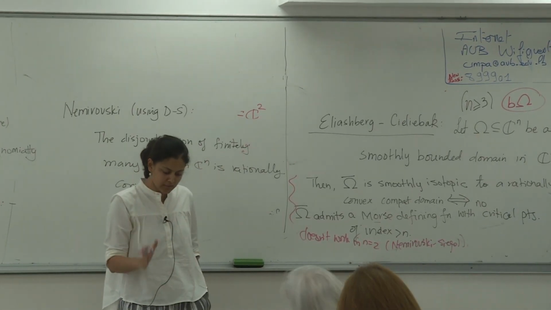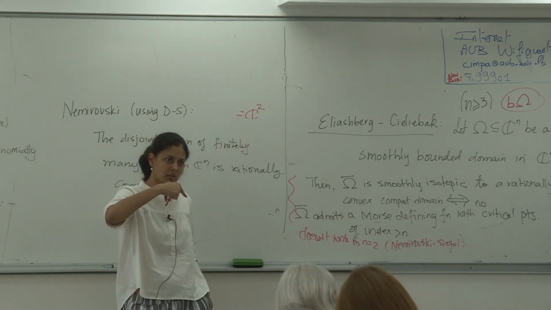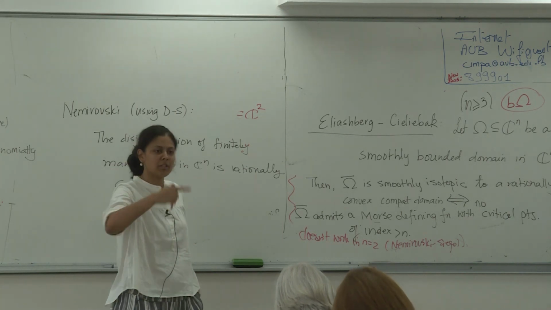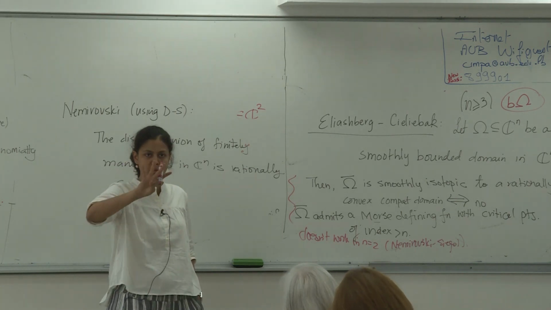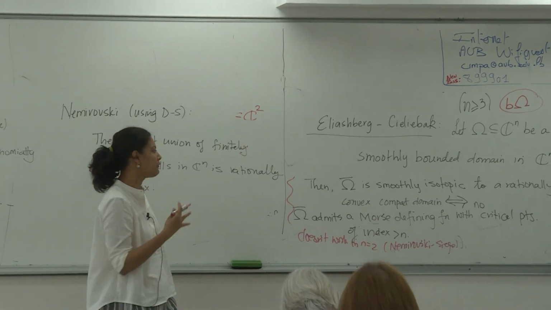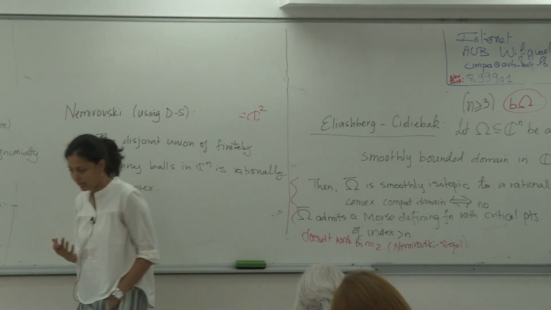They want to work in C2. You take a real two-dimensional surface, and you take a disk bundle over that. You get a real four-dimensional domain, and they try to understand which of them can be isotoped to a rationally convex compact domain.